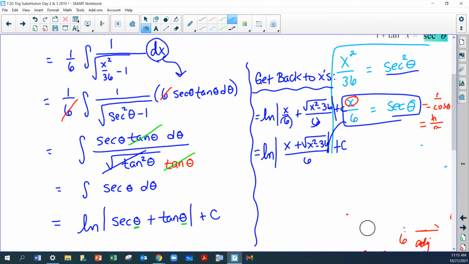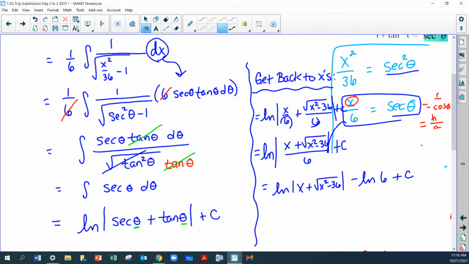Now, one more little trick. There is a rule for natural logs that says the quotient turns into subtraction. So I can make this natural log of absolute value x plus square root x squared minus 36, minus natural log of 6. I don't need an absolute value on it because it's positive anyway, plus c.